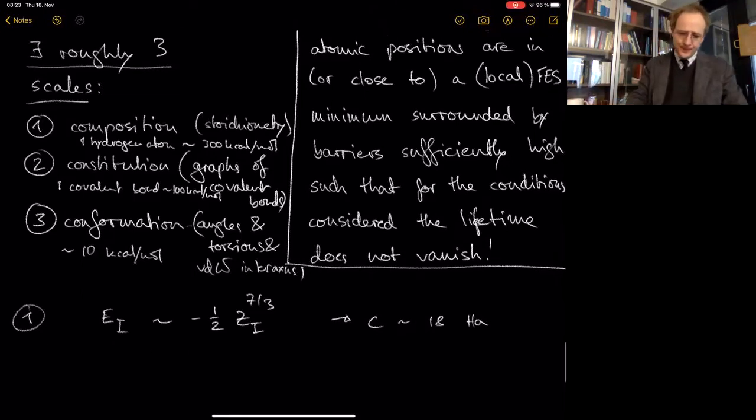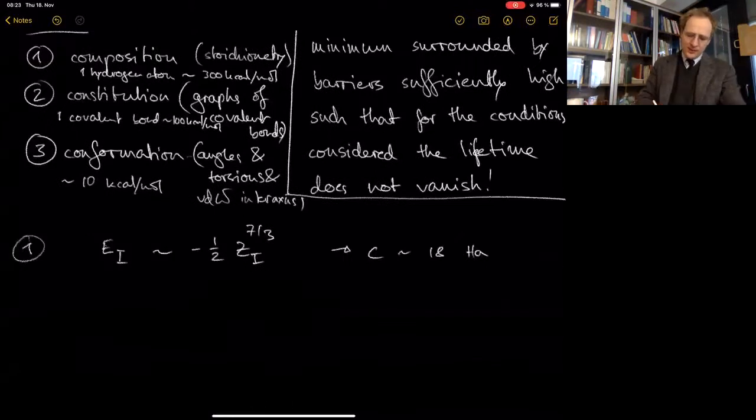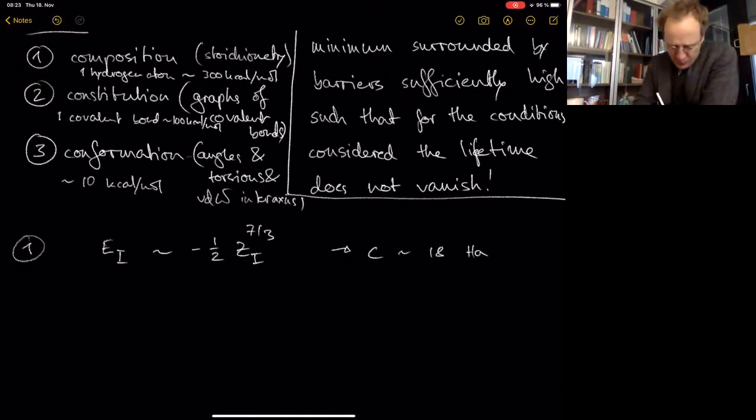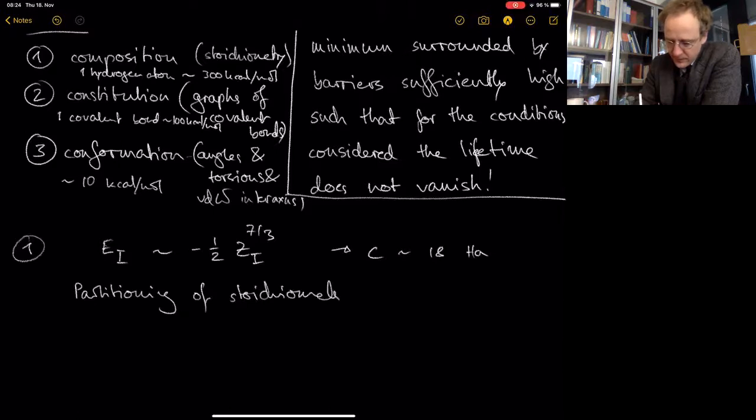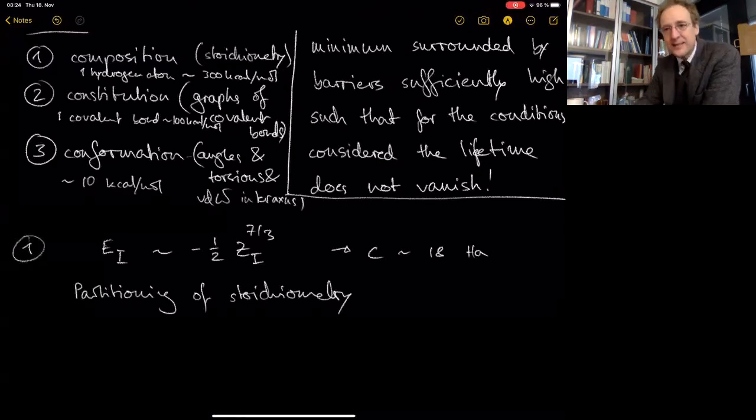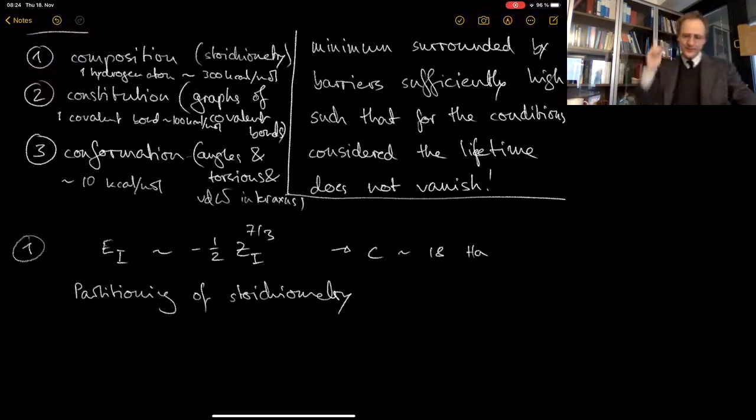Now, we talked about the partitioning problem of your stoichiometry. Where does this come from? We basically go back and start out with the elementary particles.